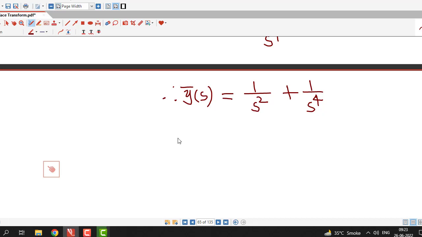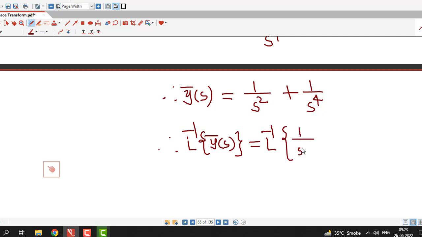Now we take the inverse Laplace transform on both sides, and we have a ready-made formula for the inverse Laplace transform of 1 divided by s raised to n. So we will use that formula. First we use the linearity property, and we can write it this way: the inverse Laplace transform of this plus this equal to the inverse Laplace transform of 1 by s square plus the inverse Laplace transform of 1 by s raised to 4.